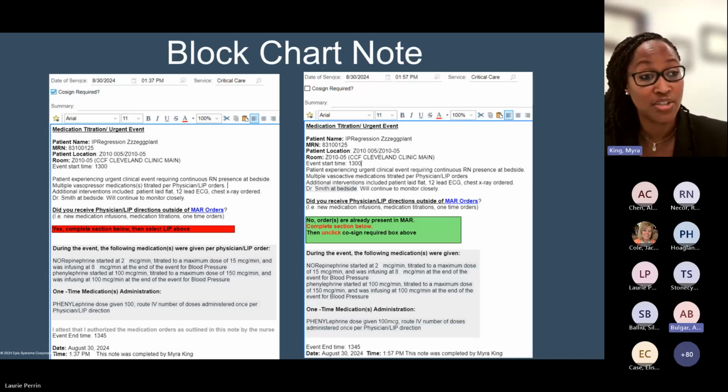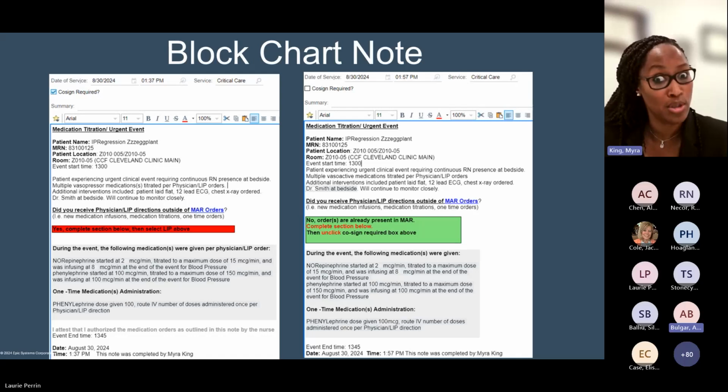In the middle of the page, there's this question then that the nurse has to answer. Did you receive orders or directions outside of the MAR orders? Nurses can click on that link and go to the orders just as a reminder of what those orders were. In this particular case on the left side of the screen, the nurse says, yes, there was a provider there. I got orders that weren't on the MAR.